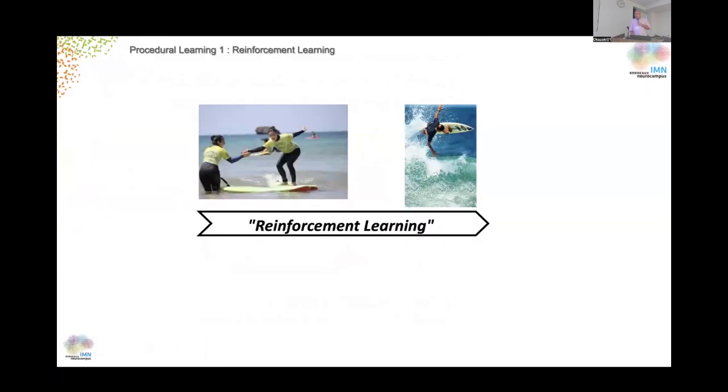To understand what it is about, I think we first need to present what we mean by procedural learning. There are several ways to present it, and one could be reinforcement learning, which is what you are doing when you learn a new skill. At first, you act by trial and error.